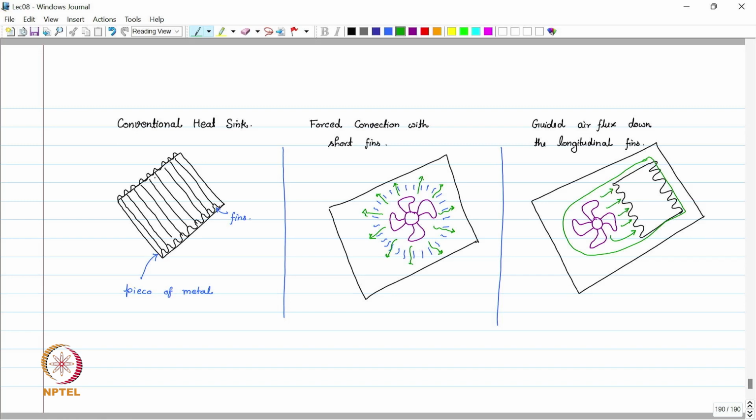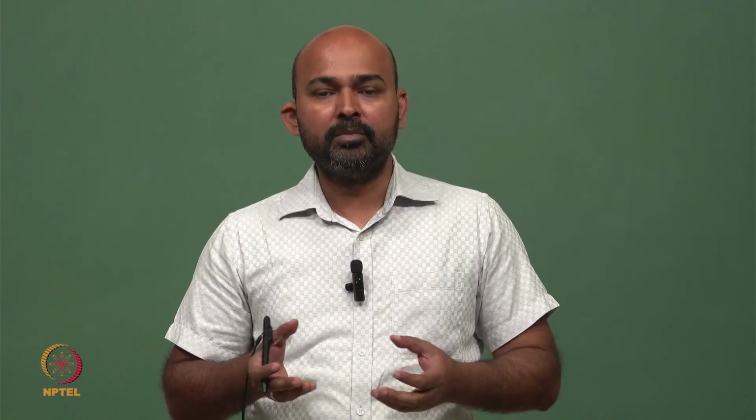This air flux is actually guided through the fins of this heat sink, and this is how the heat is being removed from the system. So this is the third type where we have guided air flux down the longitudinal fins.